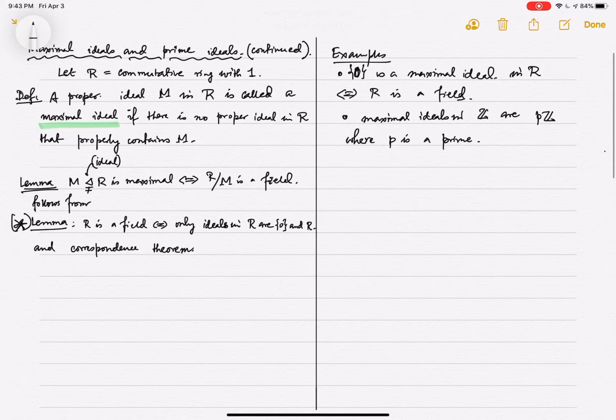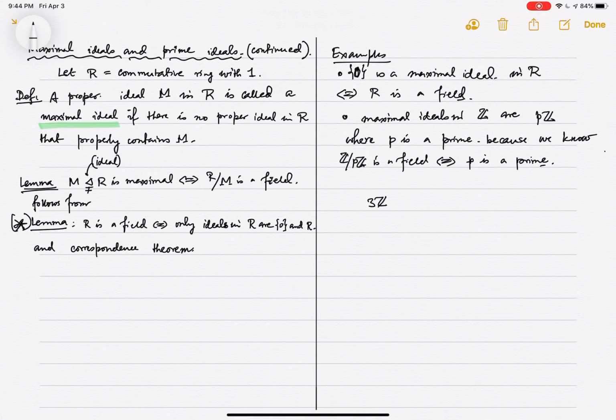Because that's exactly when Z mod pZ is a field. Because we know, for pZ, p a prime, that Z mod pZ is a field if and only if p is a prime.